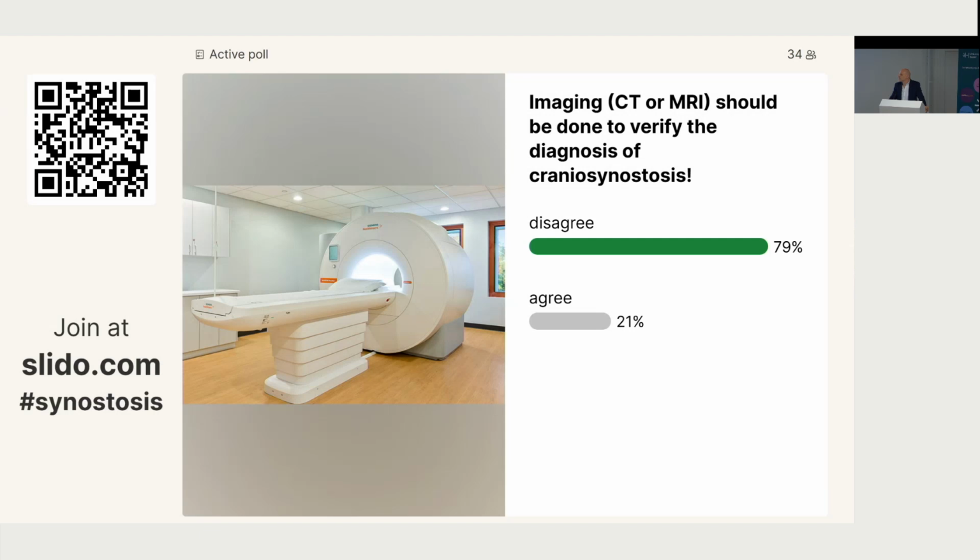So I don't want to know if there are little problems in the parenchyma, let's say, that have no clinical significance at a certain point. I don't want to know about them. And about imaging affecting the type of surgery for single suture synostosis, I don't think it changes the type of surgery. If you have a question on board, a borderline case, of course, this is different. For bicoronal, I do imaging. I treat bicoronal as if it is a syndromic craniosynostosis.